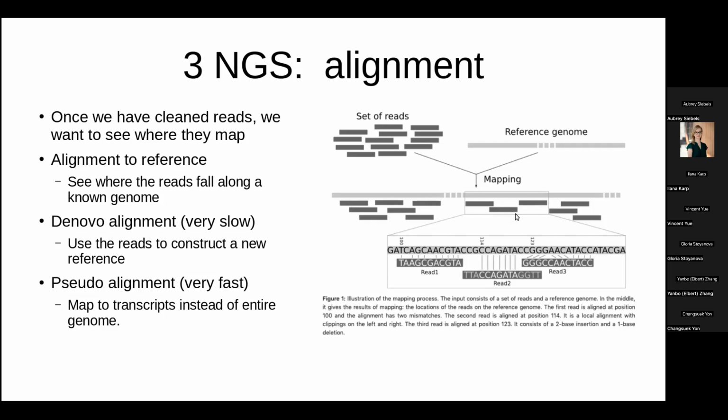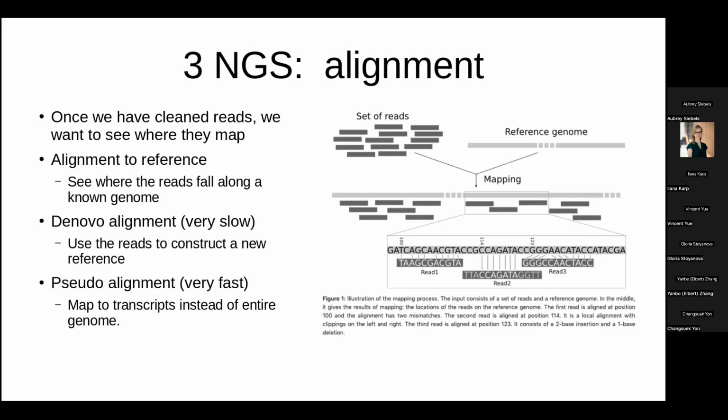One is just mapping your reads to a huge reference genome. Another one is de novo alignment, which usually has to be done at least once, when you're actually creating the reference. De novo alignment is when you map the fragments to themselves, so you're building up your own reference genome from these small pieces.